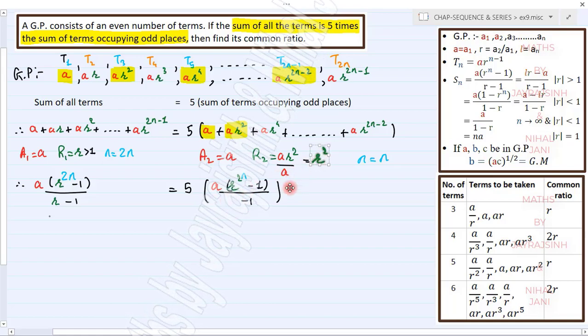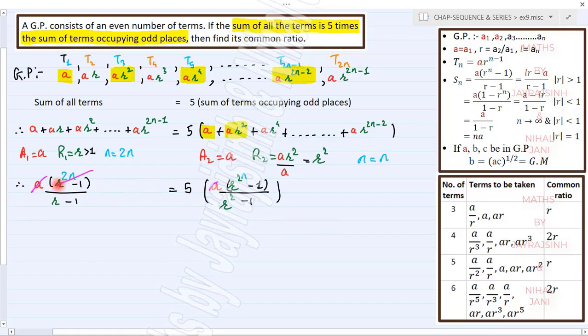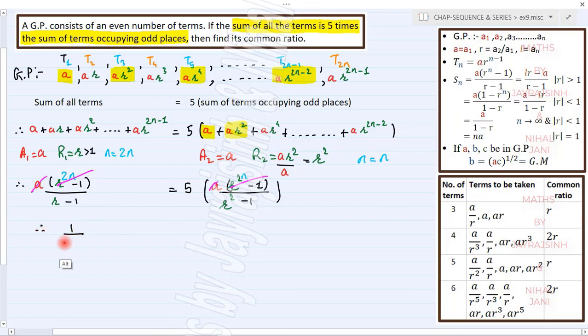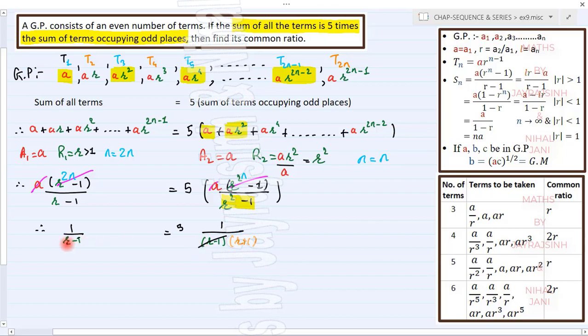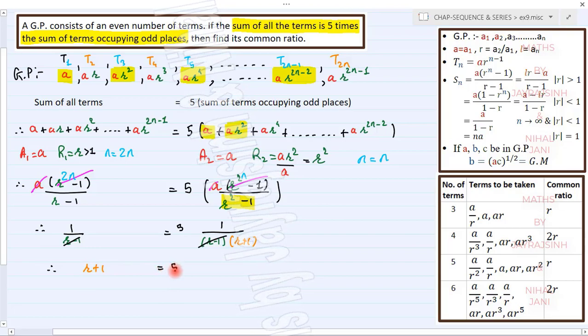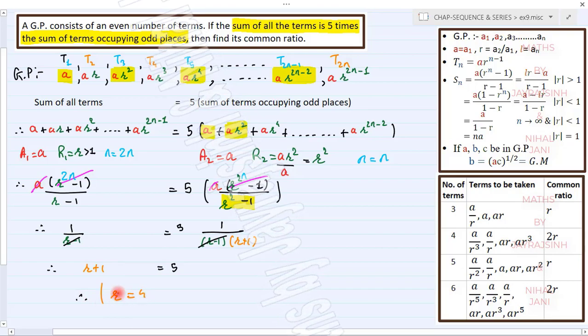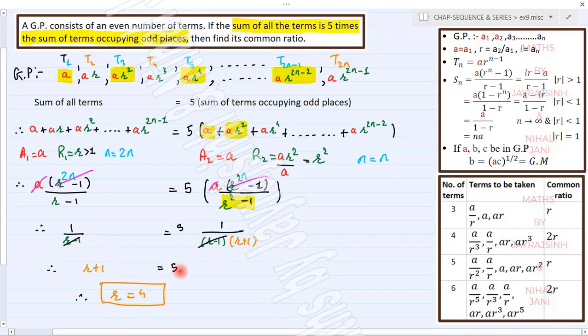So the denominator will also become r square minus 1. Here a and r raised to 2n minus 1 will be cancelled out, and we will get 1 upon r minus 1 is equal to 5 times 1 upon r square minus 1, which can be factorized into r minus 1 and r plus 1. So r minus 1 will also cancel out and you will get r plus 1 is equal to 5, or we will get common ratio is equal to 4. That is your final answer. Ta-da!